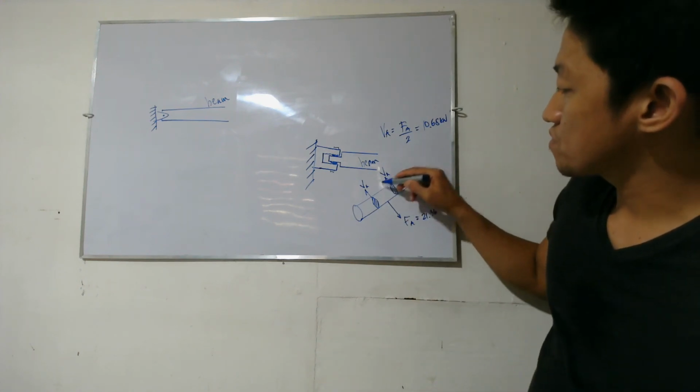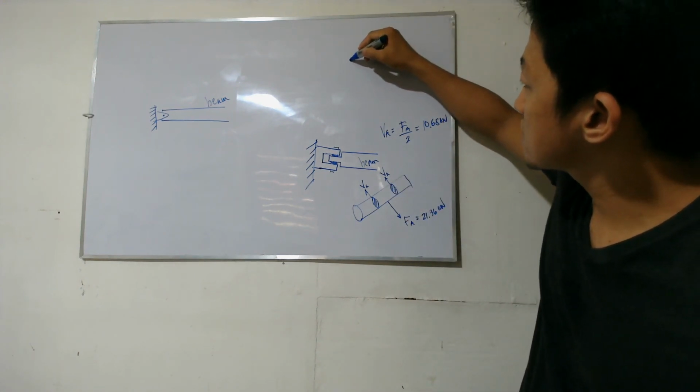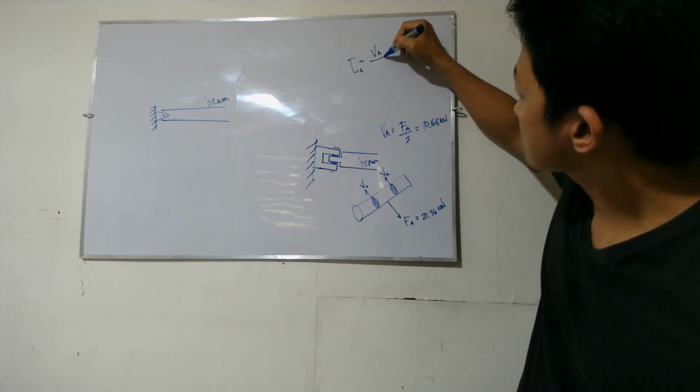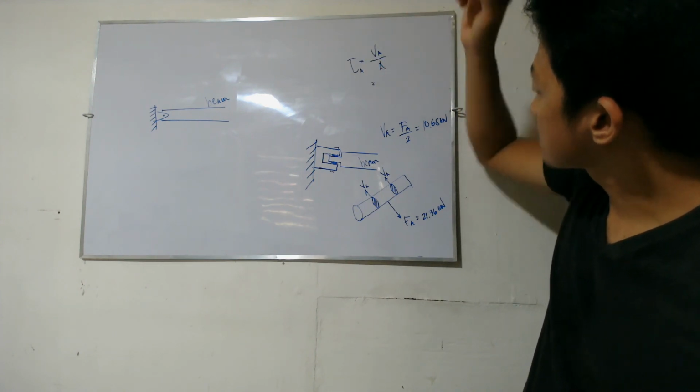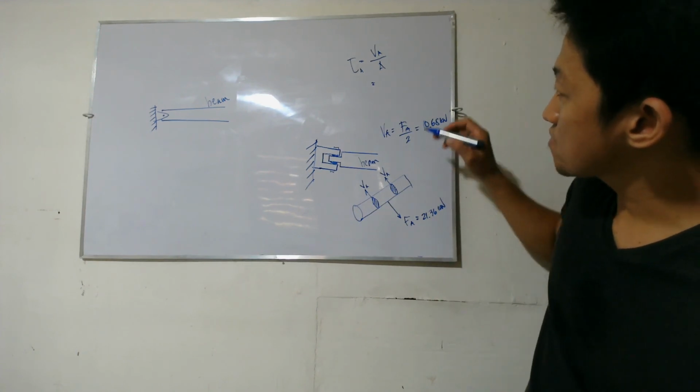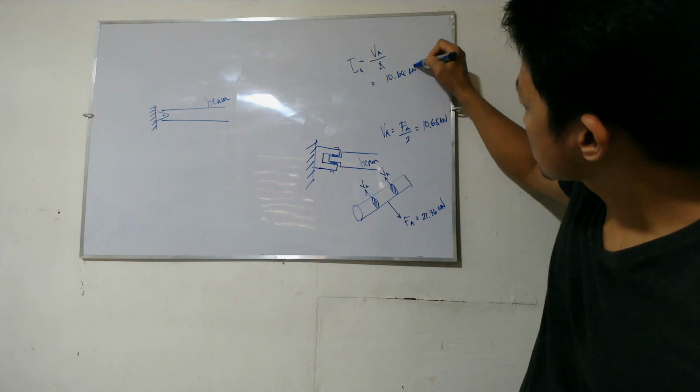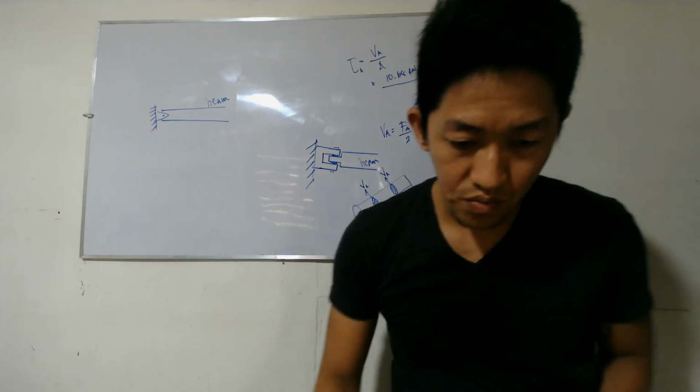So what is the shear stress at A? VA over area. VA is 10.68 kilonewton over the area.